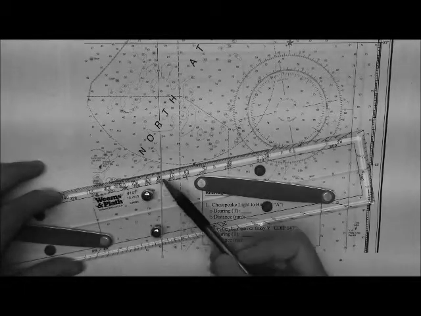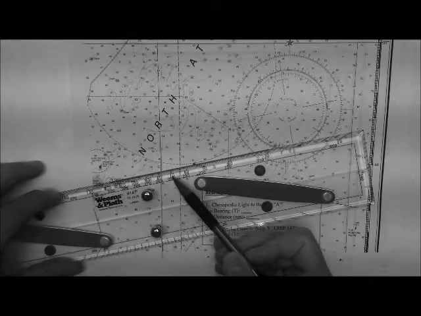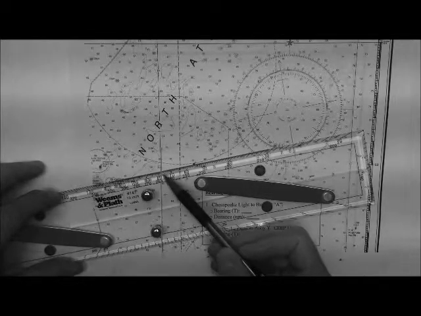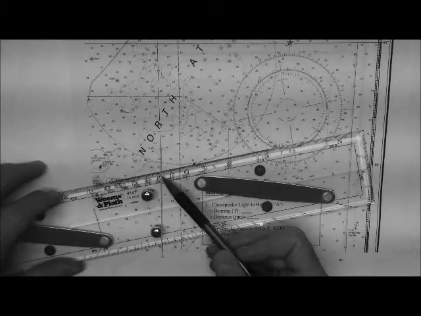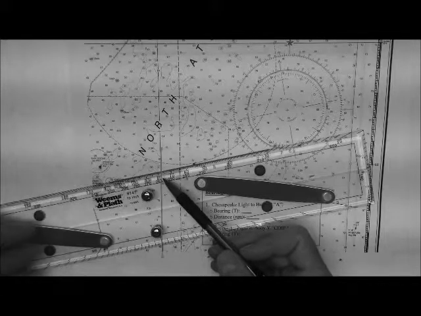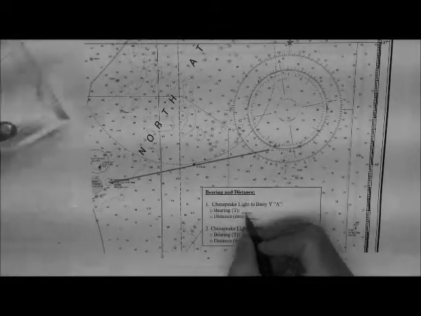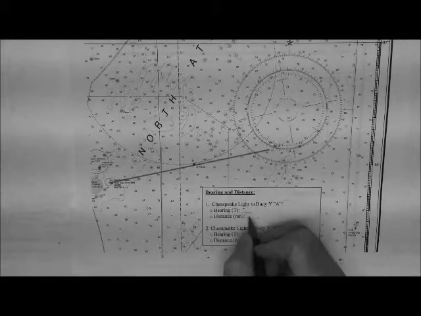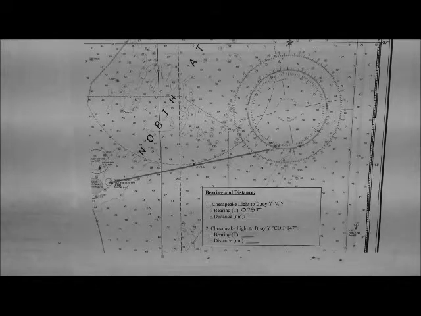And I read where the reference line intersects the graduated scale. So I have 70, 75, 76, 77, 78. So 78 degrees. 078 would be that bearing. 078 degrees true is the bearing.